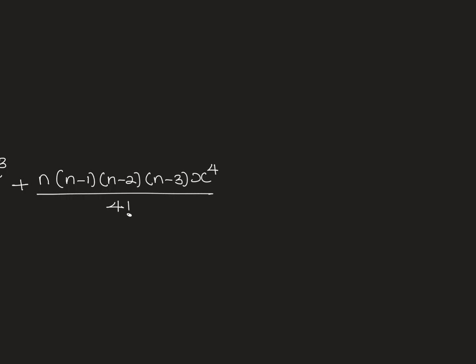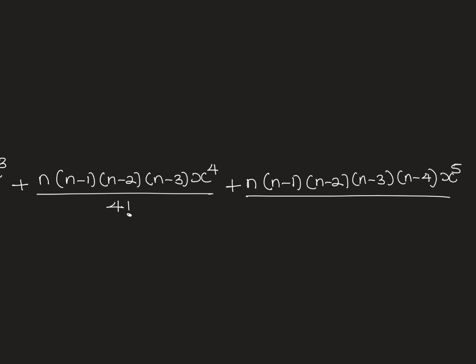Had we been asked to expand up to x to the power 5, you can immediately predict that it would have been n into n minus 1 into n minus 2 into n minus 3 into n minus 4, then x to the power 5 all over 5 factorial.